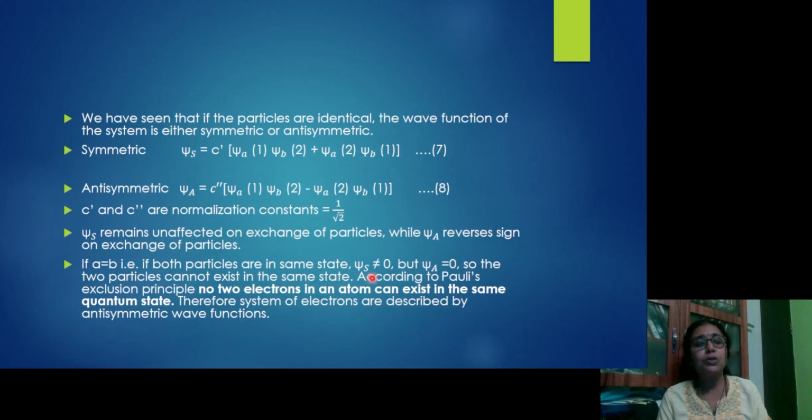Now, according to Pauli's exclusion principle, no two electrons in an atom can exist in the same quantum state.